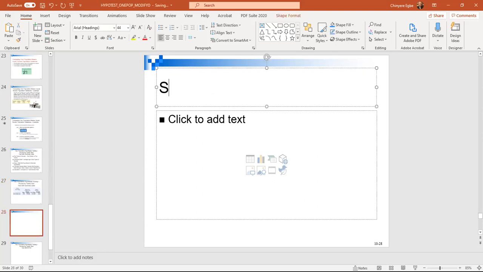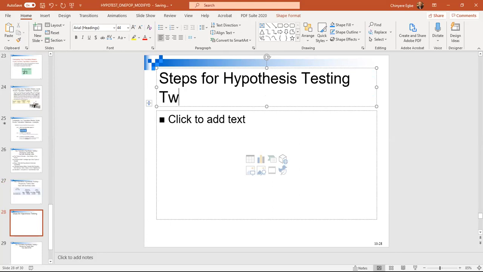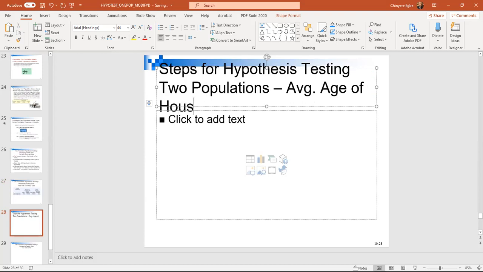The steps for hypothesis testing. Two populations: the average age of houses.